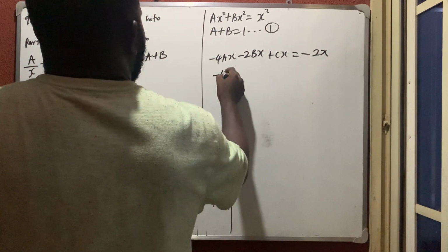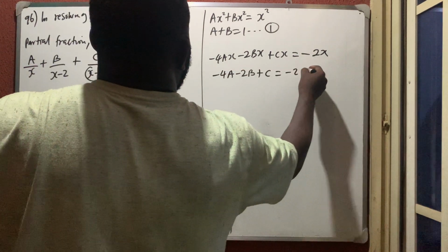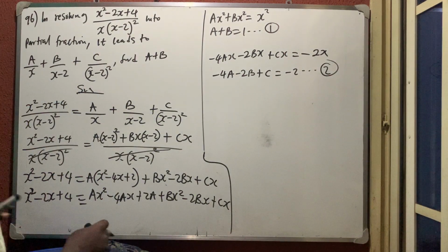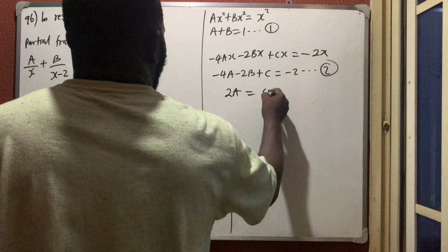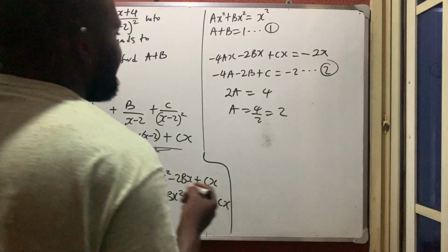So therefore minus 4A minus 2B plus C is equal to minus 2, equation 2. Now the terms that do not have x at all, which is 4A, so 4A is equal to 4. So therefore A is equal to 4 divided by 4, which is 1. I've gotten my A.